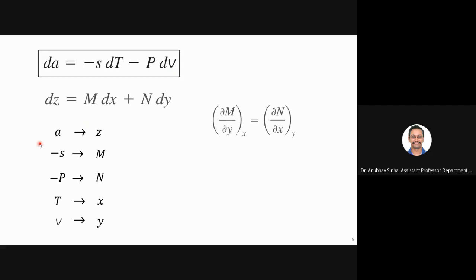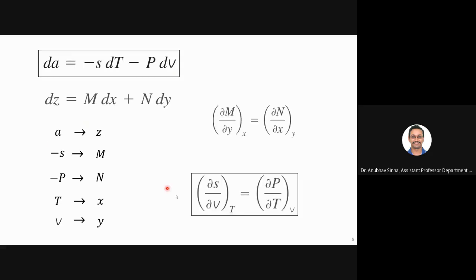And again, using this, we can obtain del S by del V at constant temperature is equal to del P by del T at constant specific volume. This is your Maxwell's third relation.